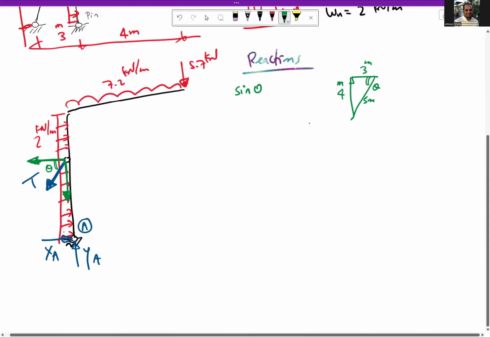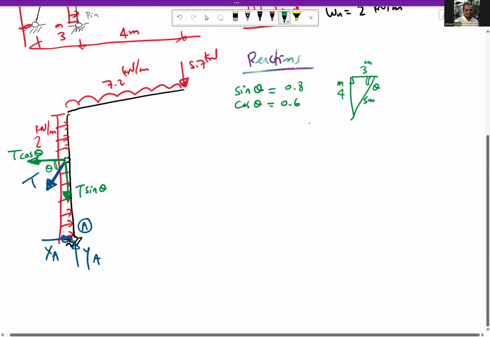So sine theta equal to 0.8. Cosine theta is equal to 0.6. The horizontal component will be the one nearest to the angle theta, so it will be T cosine theta. And the vertical component will be T sine theta.